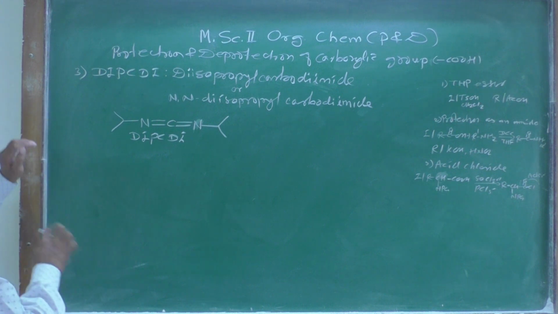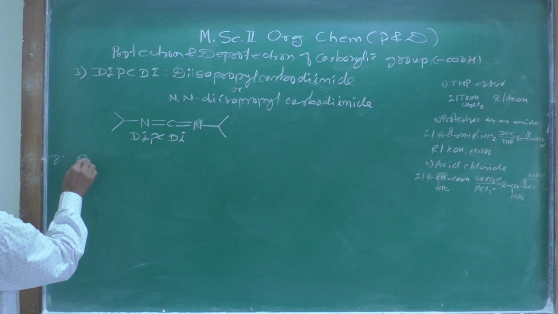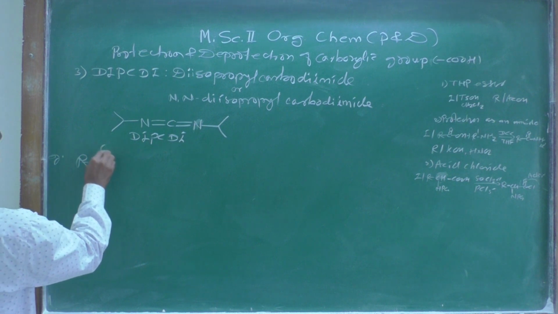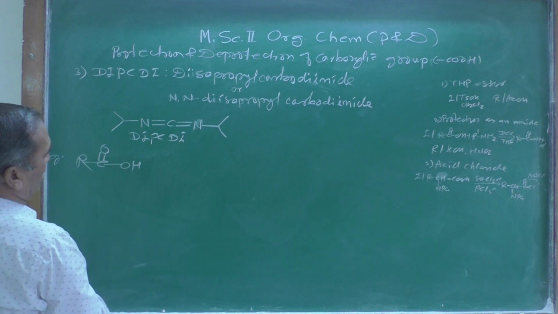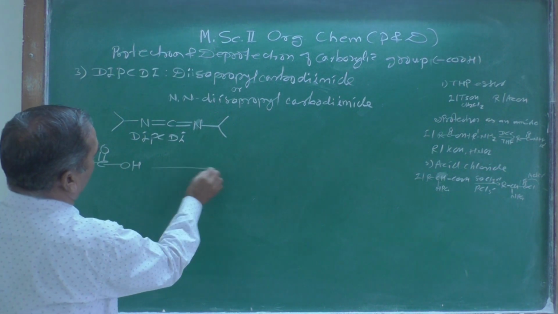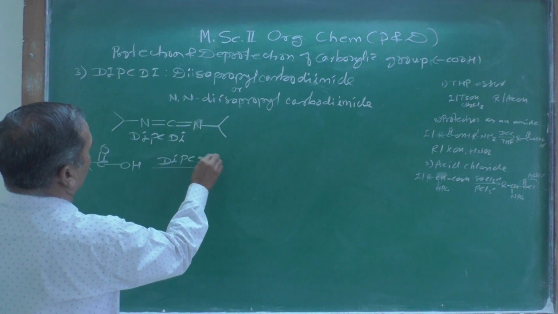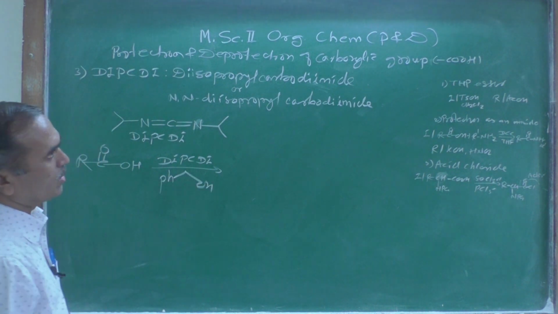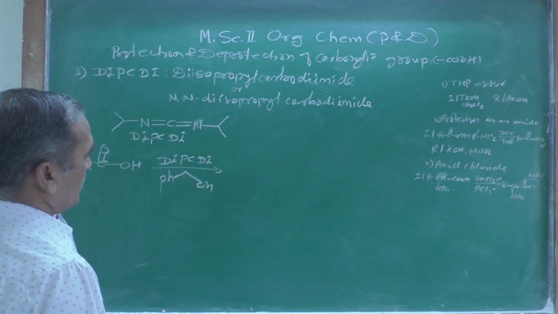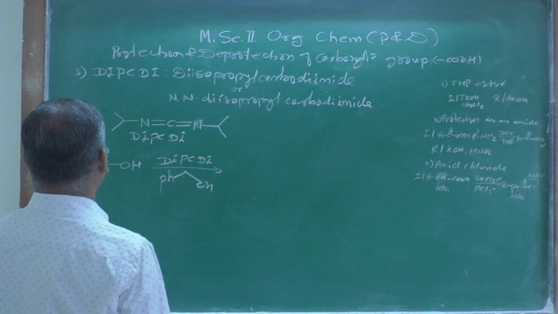Now let us see the general example. As we know, the carboxylic group has the general formula R C double bond O OH. When it is treated with DIPCDI in the presence of benzyl alcohol under acidic conditions, what do you get?